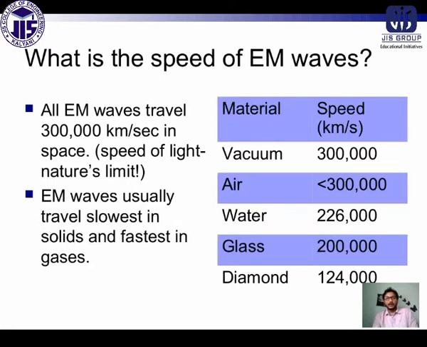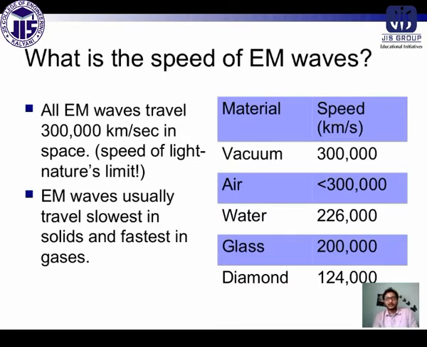And if we consider the speed of this light or electromagnetic field in different mediums, then they have different speeds, and the speed of this electromagnetic wave is maximum in vacuum. Similarly for other mediums like air, water, glass and diamond, they are at different speeds. Like in vacuum, it has 3 lakh kilometers per second.